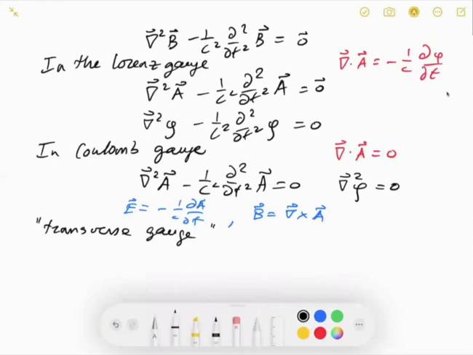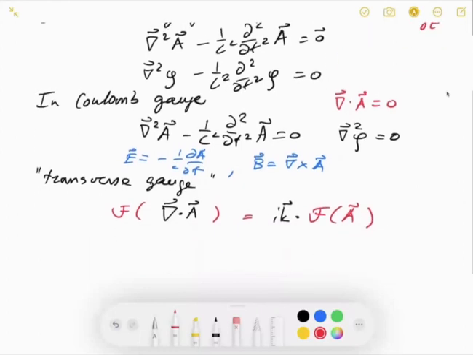So remember, if you have a nabla operator and you take the Fourier transform, you get ik, and then you are left with the Fourier transform of your A. And the Fourier transform is a linear operation.